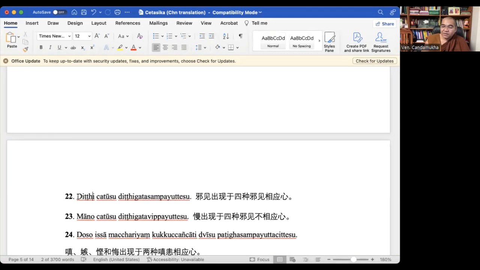So the ditthi cetasika associates only with the 4 cittas that associate with wrong view. The mana cetasika, conceit, associates only with the 4 ditthigata-vippayutta cittas, the 4 cittas that do not associate with wrong view. So in these cittas, mana arises together.